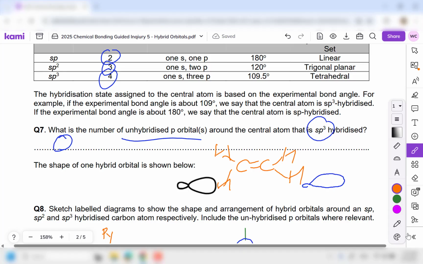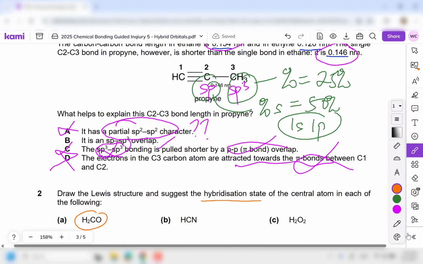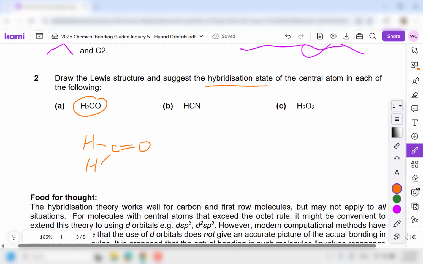Why is it sp2? Because whenever you form a pi bond, you need one unhybridized p orbital. So you can predict the hybridization state by looking at the number of pi bonds the carbon has. In formaldehyde, the carbon has one pi bond, so the hybridization state must be sp2, because it needs to utilize one of the p orbitals to form the pi bond.